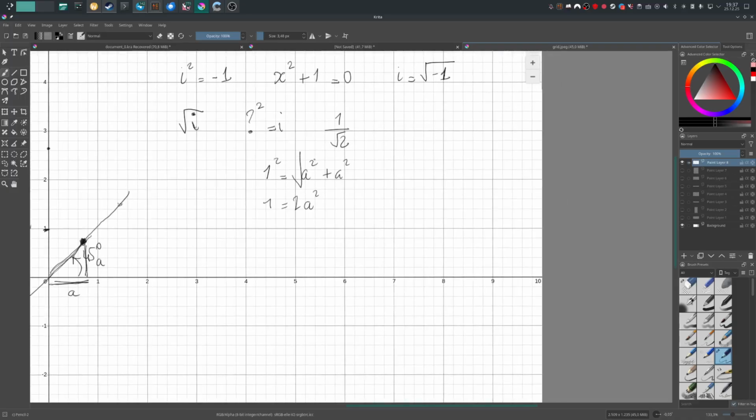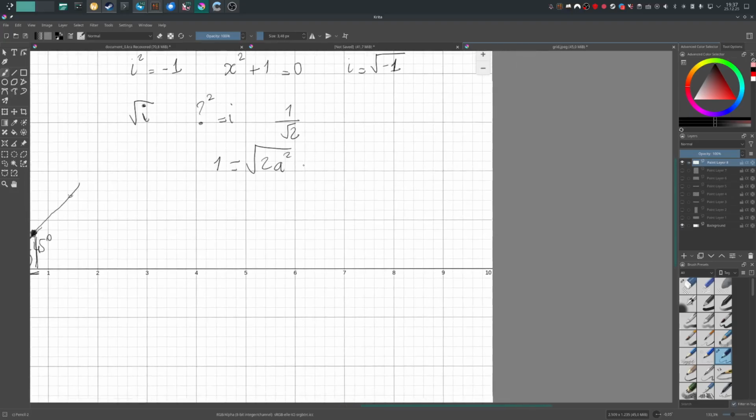Wait, I got confused. It has to be the square root of 2 a squared, and this is equal to square root of 2 times a.